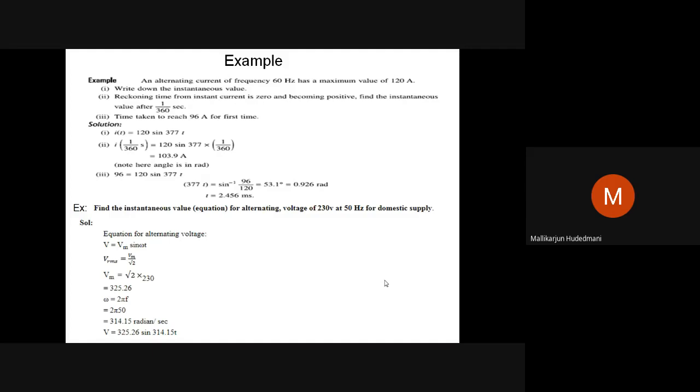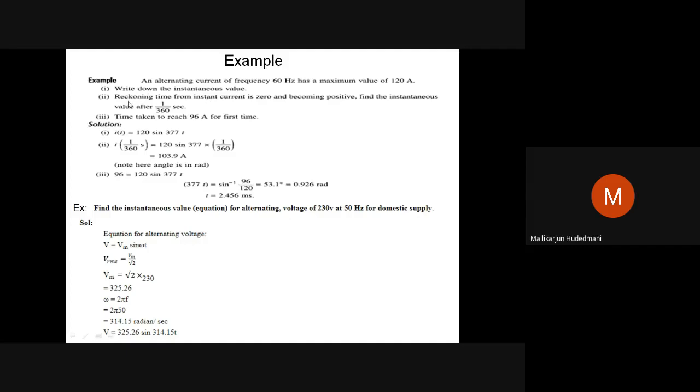You can see here, the first part is very simple. The expression for current at any time t equals 120 sine 377t, because omega, 2 pi into 60, gives 377. This is the equation of the current.